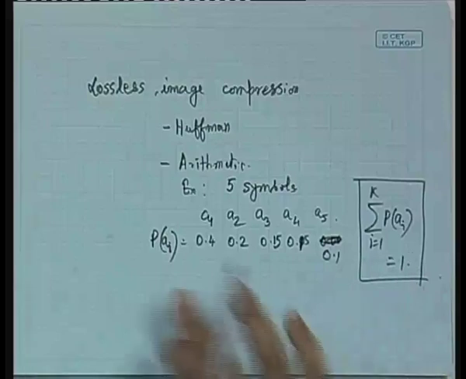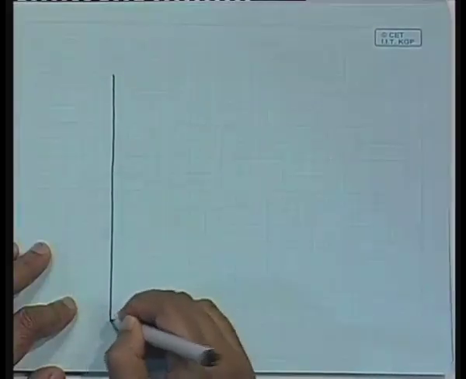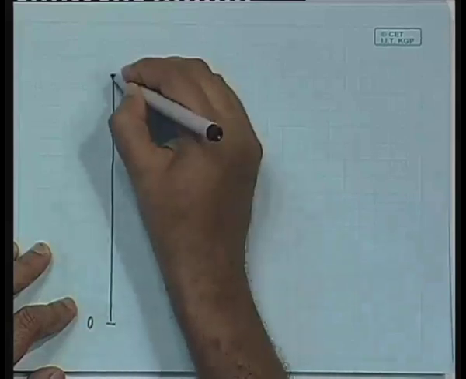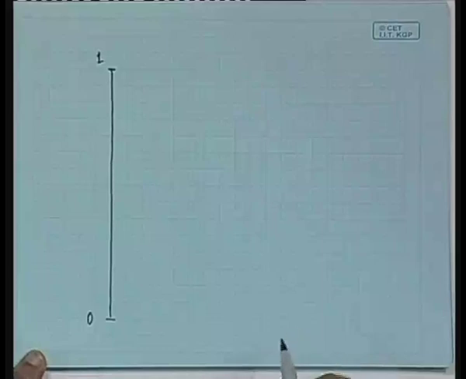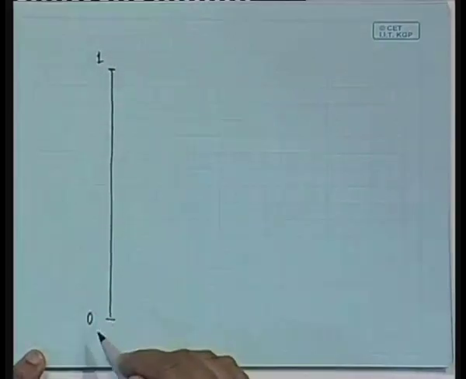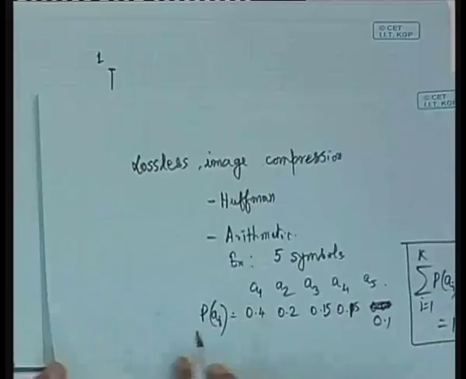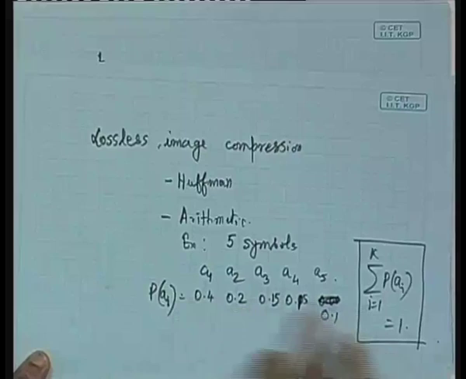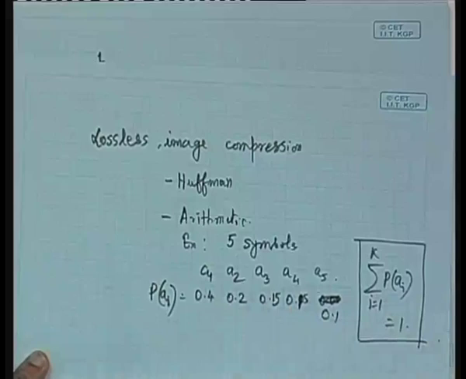So we have all these probability values which we are going to represent in the form of a number line. Okay, so let's have a number line. Say here we represent 0 and here we represent 1. Now we subdivide this number line into 5 parts, and the lengths of those 5 parts will be proportional to their probability values.